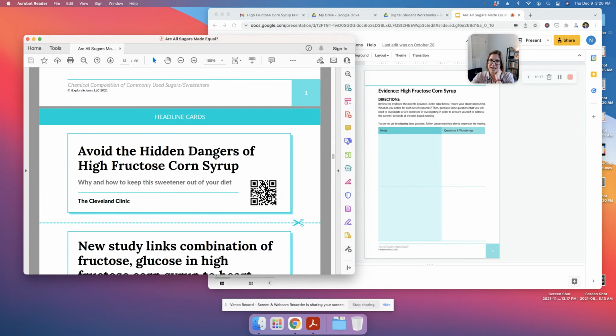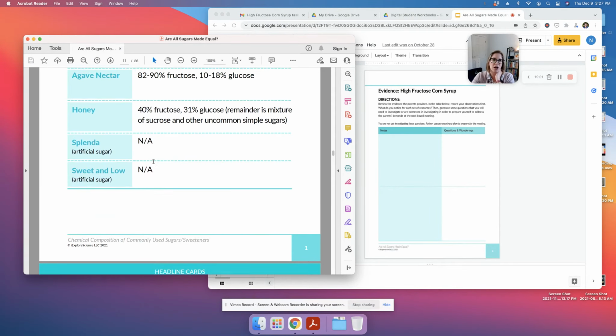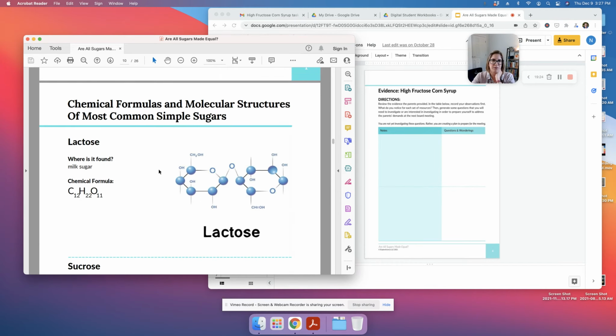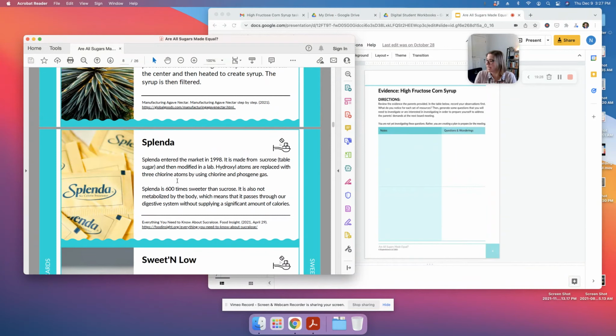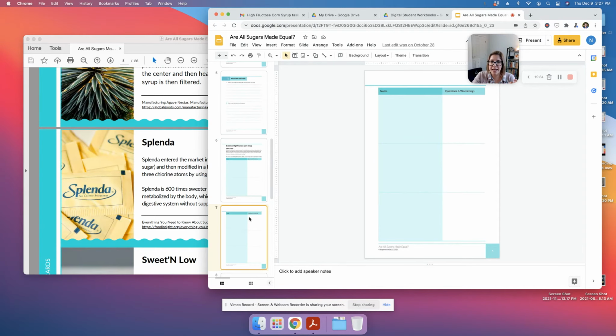In some classes, I could give them a collection of four or five resources like this, a couple of headline cards, a couple of these chemical formula cards. They would know to sort through them one at a time. It's broken down in the workbook, one at a time, with a space for notes and a space for questions and wonderings, each resource at a time. They would be totally fine doing that, and it would not put them over the edge.